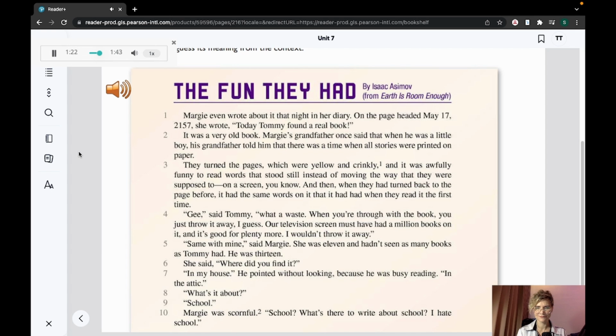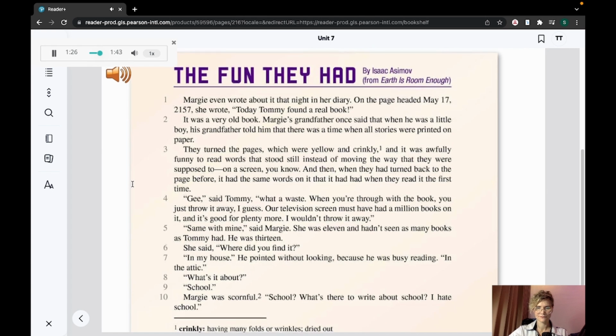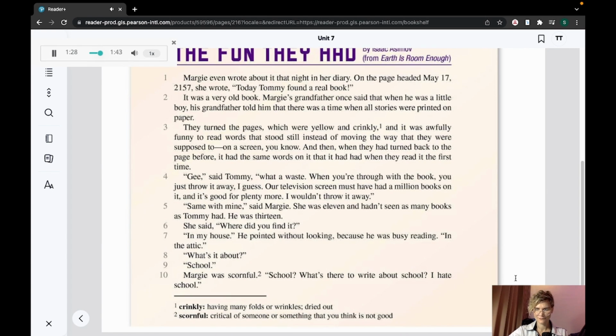She said, "Where did you find it?" "In my house." He pointed without looking because he was busy reading. "In the attic." "What's it about?" "School." Margie was scornful. "School? What's there to write about school? I hate school."